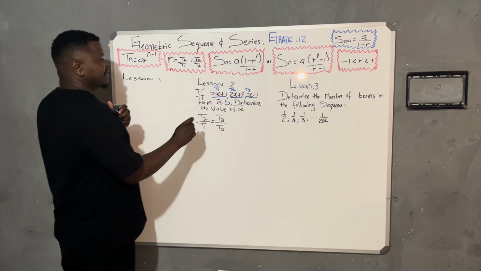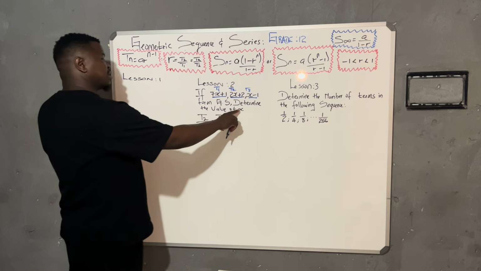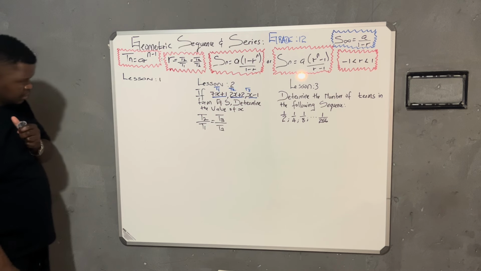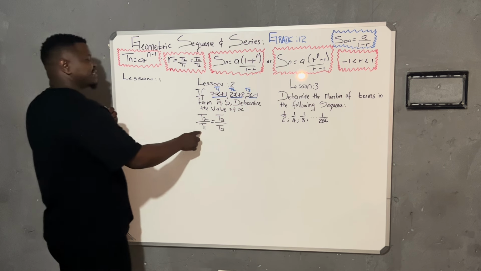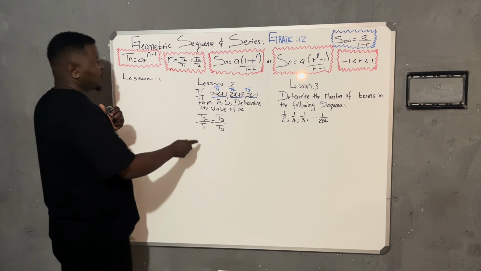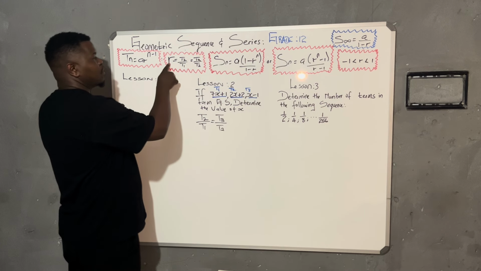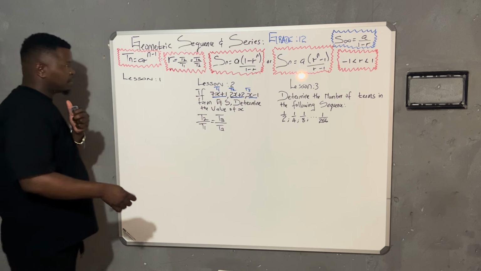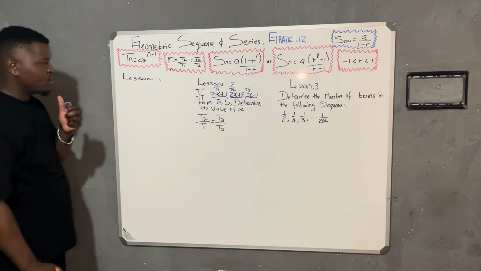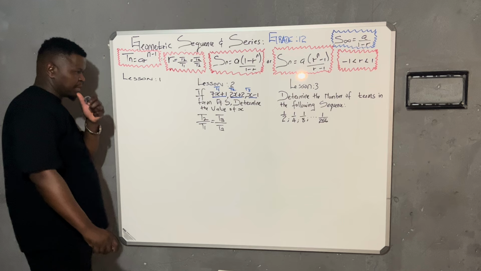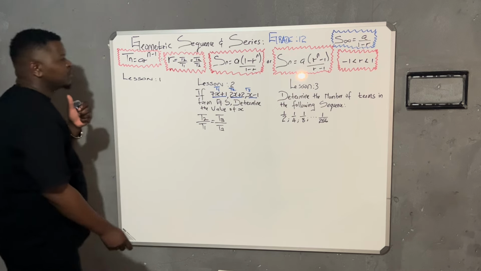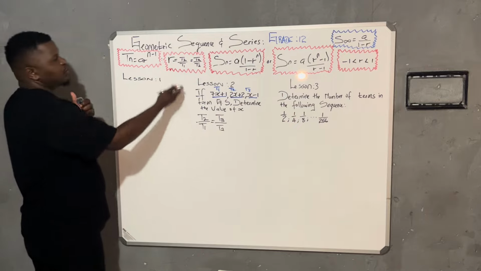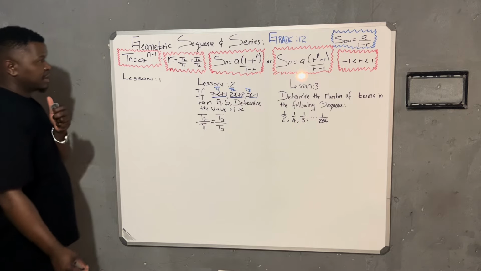This helps us to create an equation because we cannot determine the value of x if we don't have an equation. So this is a way of creating an equation by following a method used for determining the ratio, just like we did with the previous one of arithmetic, where T2 minus T1 is equivalent to T3 minus T2. So we do the same, but we don't subtract. Actually, we divide because it's influenced by the formula of determining the R.